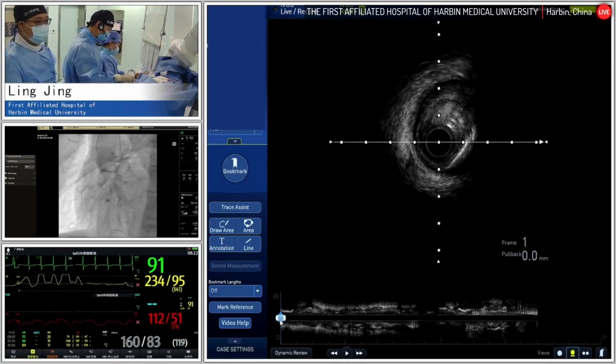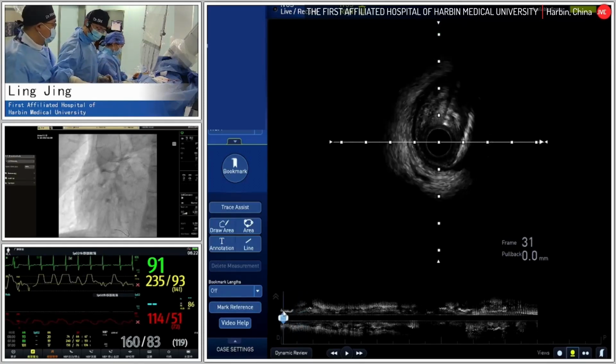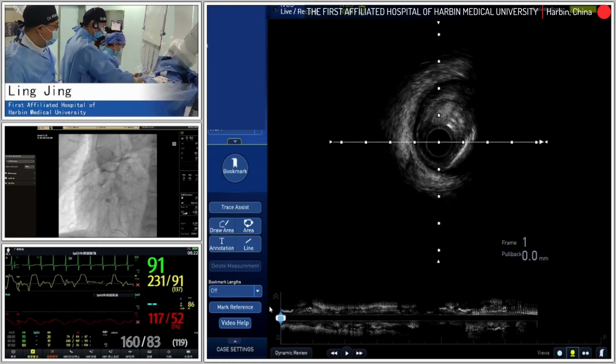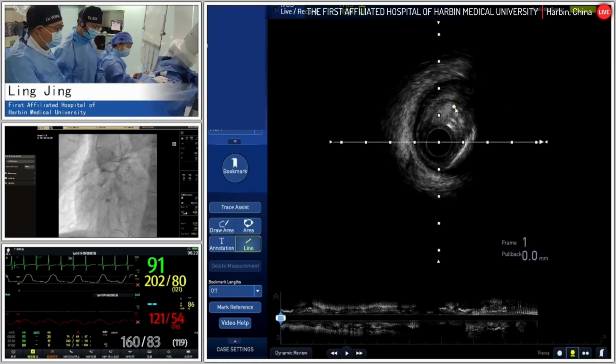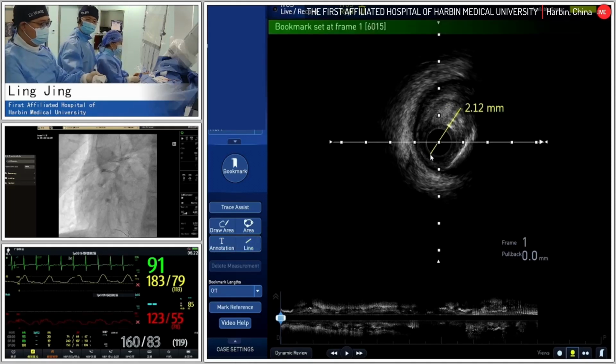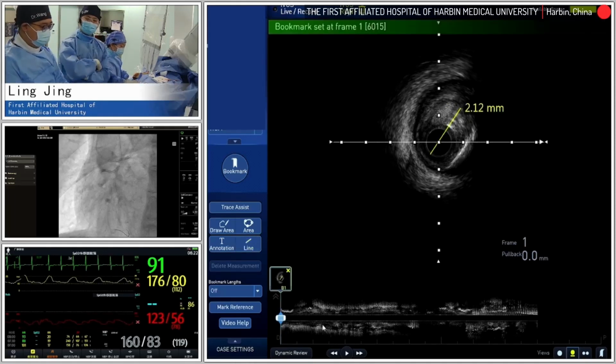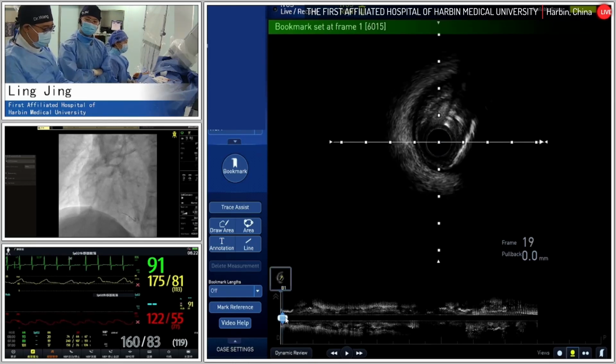Okay, this is the distal part of our RCA. Maybe we haven't seen a very clear and good landing zone. And at the current spot, we can see that the lumen is only around 2.1 millimeter or something, which is not a large vessel.